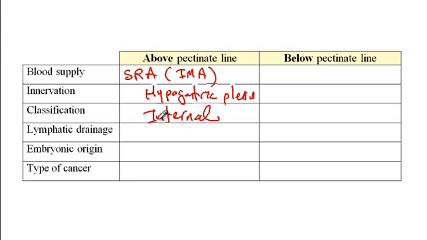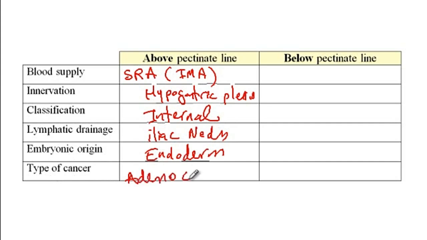Lymphatic drainage of the internal hemorrhoids is into the internal iliac nodes, and the embryonic origin, since it's above the pectinate line, is from the endoderm. And so therefore, since it's derived from the endoderm, the type of cancer that can develop in this region of the anal canal is an adenocarcinoma.